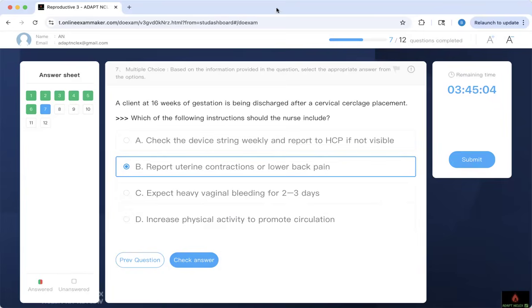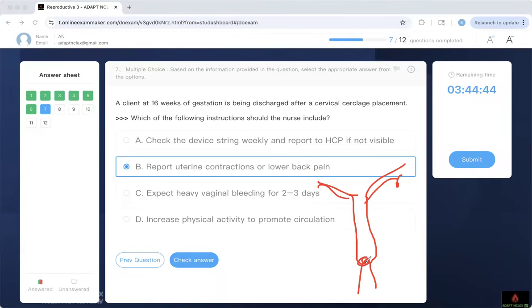Cerclage. What is cerclage? If this is the cervix, and the cervix is here like that, and this is the vagina, like this is the uterus and the ovary, the cervix will become incompetent during the second trimester, and that leads to miscarriage.